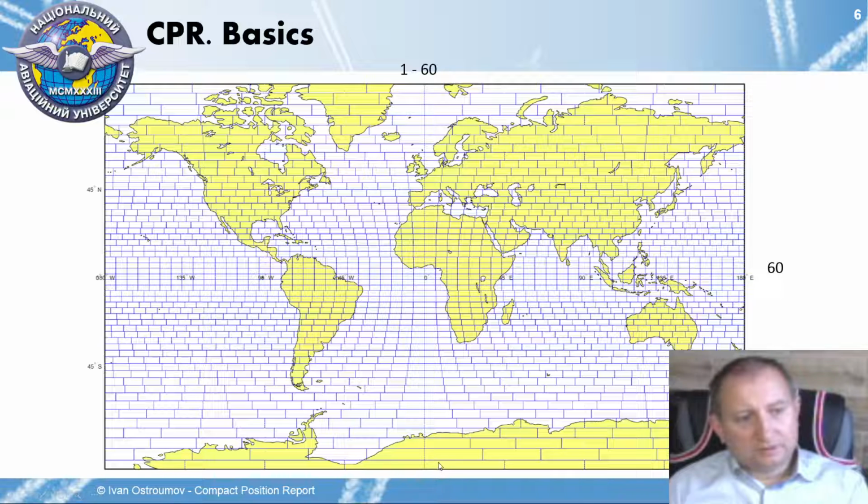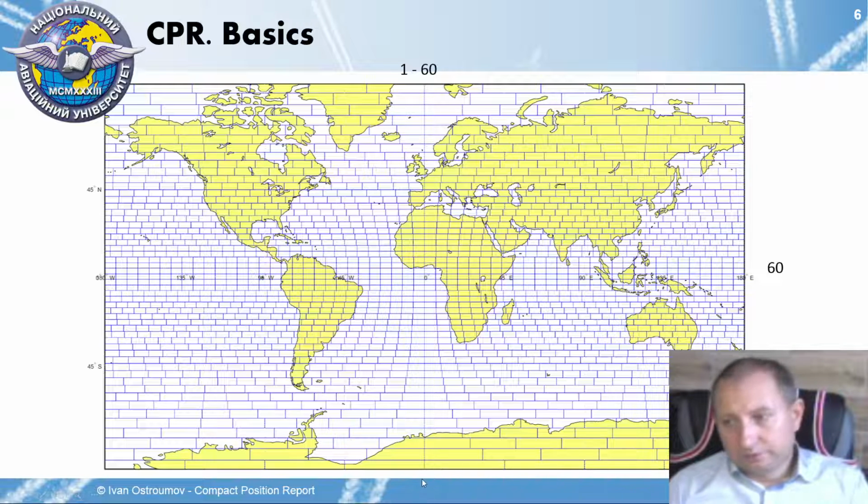That's why, based on the size, longitude can be divided into a different amount of rectangles. Each layer or each ring of latitude includes a different number of longitude zones. And here you can see that at the equatorial plane we have also 60 longitude zones.